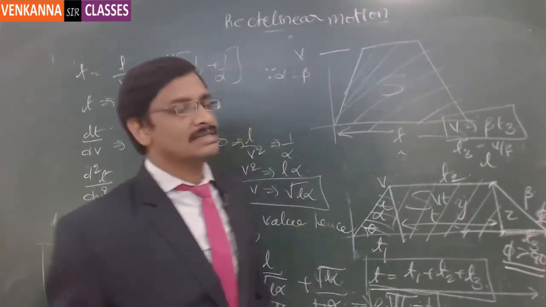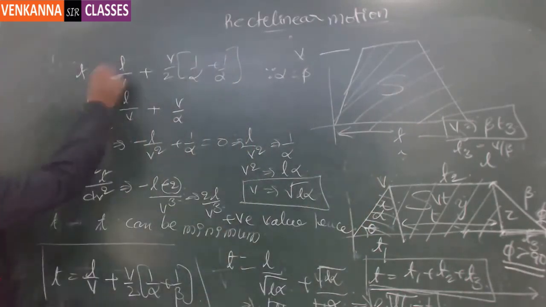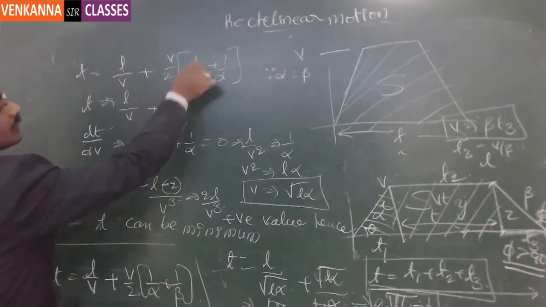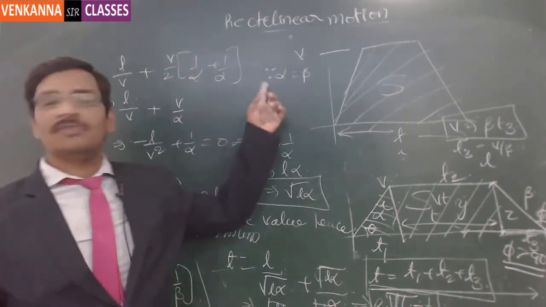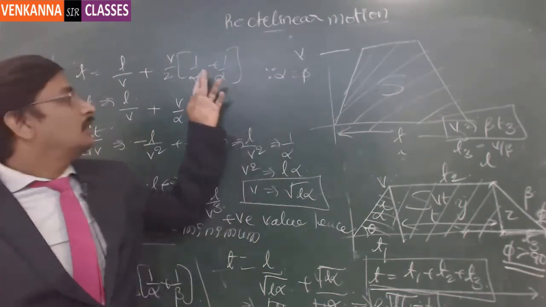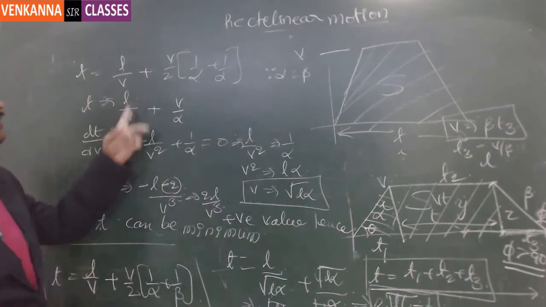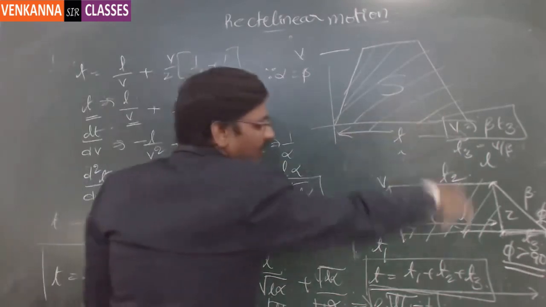So with that understanding, if you want to find that relation, we have the relation T is equal to L by V plus V by 2 times of 1 by alpha plus 1 by alpha. So this is 1 by alpha plus 1 by alpha because alpha equal to beta. Now from this, T is equal to L by V plus V by alpha. Now here V is one variable and T is one variable. From this graph we can make out.